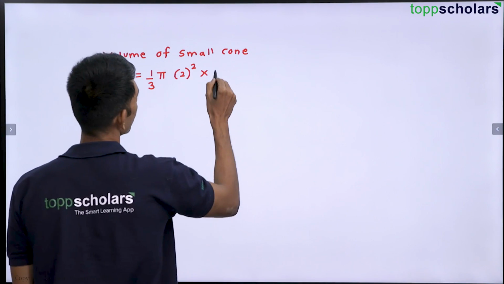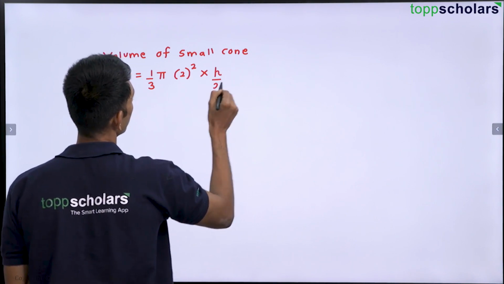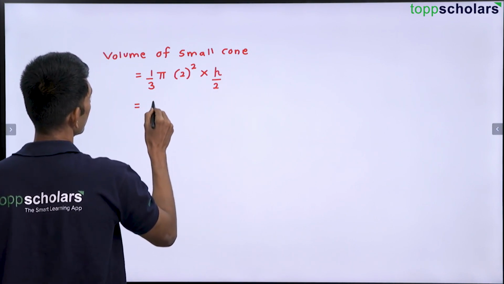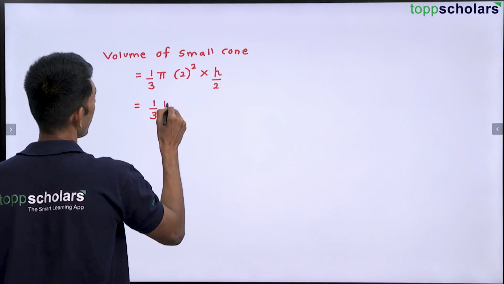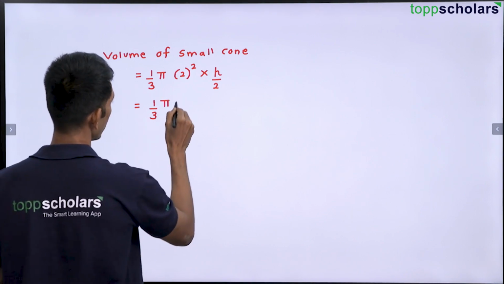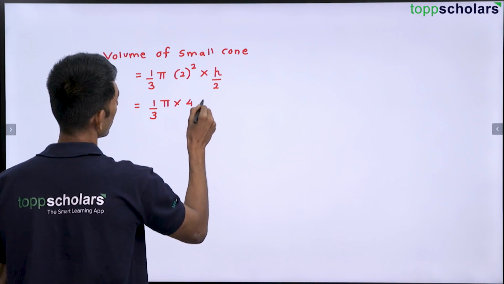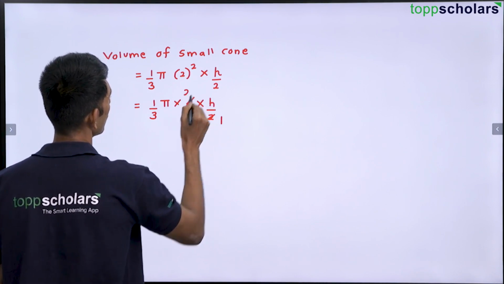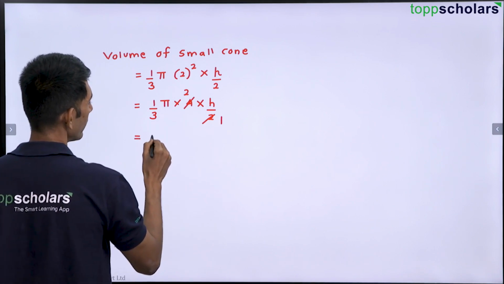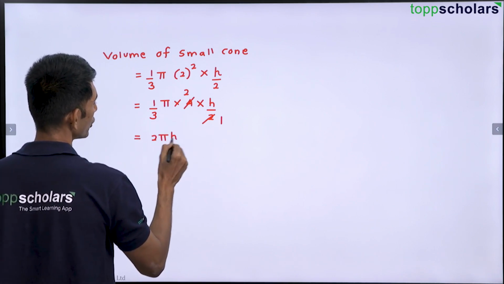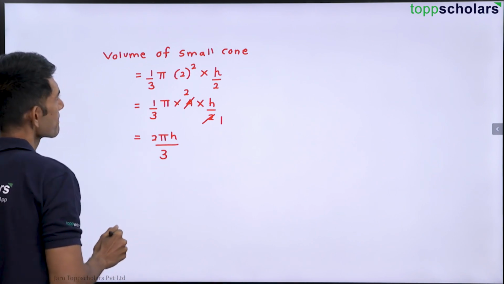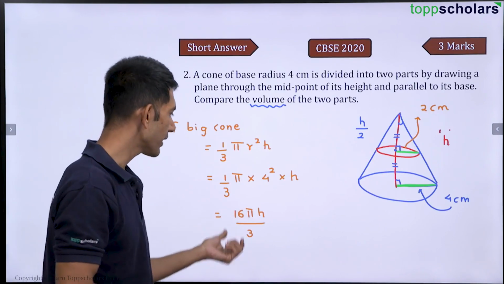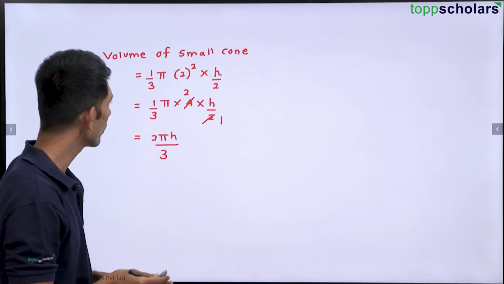Correct? So that is equal to 1 by 3 pi into 4 into h by 2. The 2 ones are 2, 2 twos are 4, so that gives me 2 pi h by 3. I got the volume of the big cone, and I got the volume of the small cone.